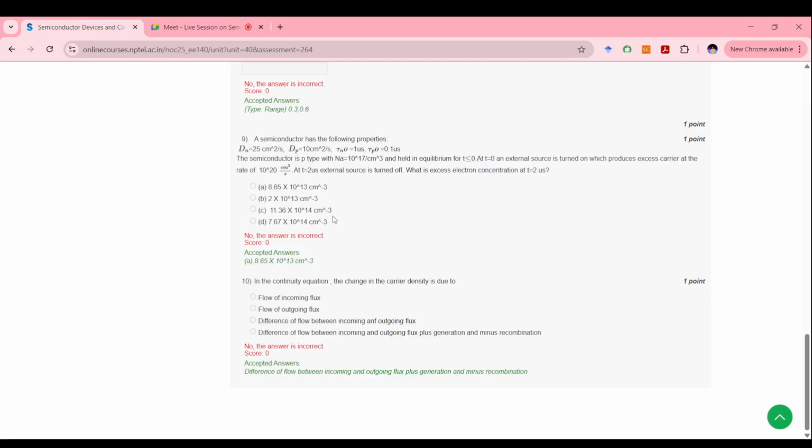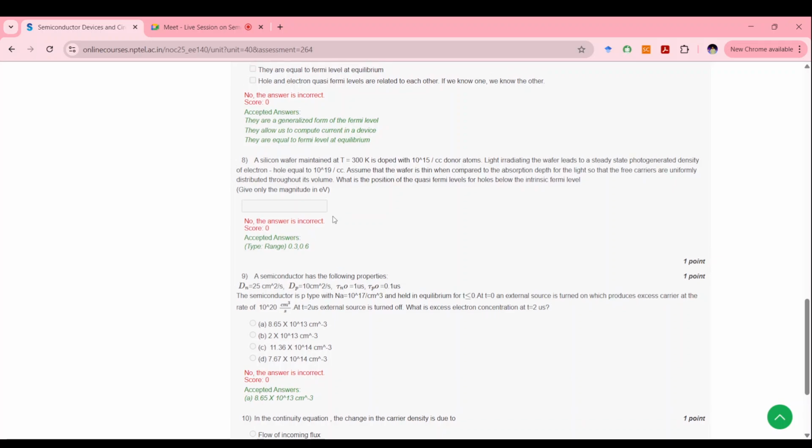So the next problem was what? Problem number 8 was there. A silicon wafer is maintained at T equals 300 Kelvin with 10 to the power 15 per cc donor atoms.